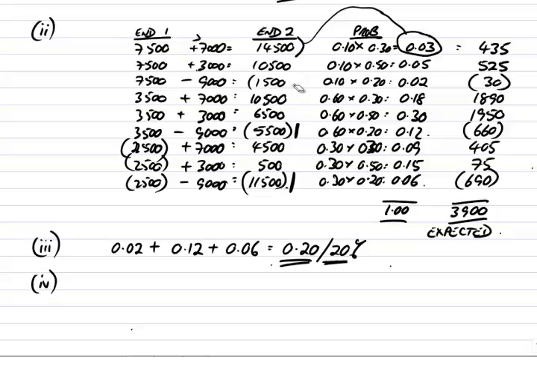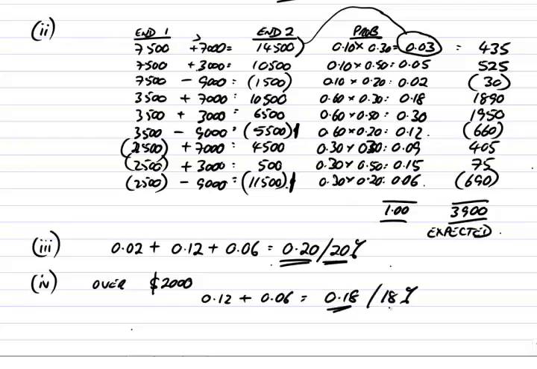Well, when are we over 2 million? Either 5,500 or 11,500. So same idea as before. To be 5,500, the probability is 0.12. 11,500, 0.06. It's 0.18 or 18%.